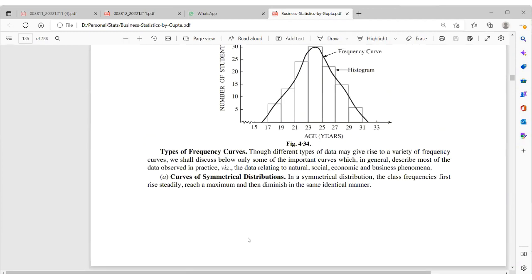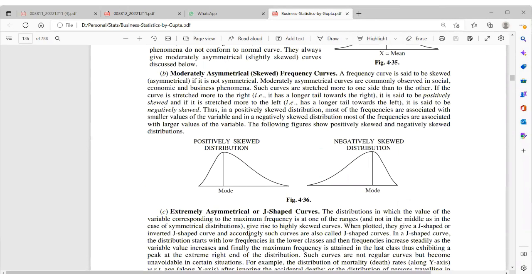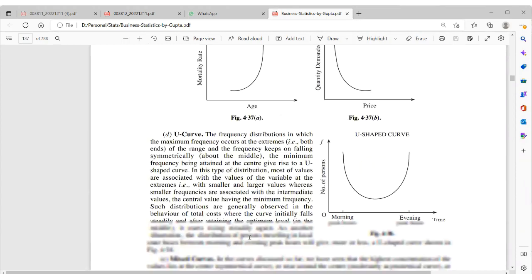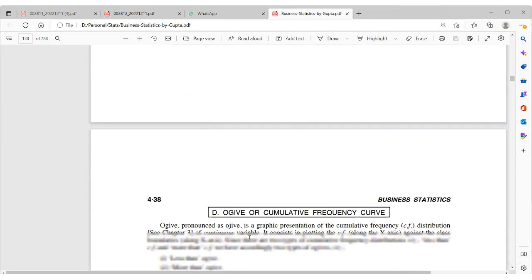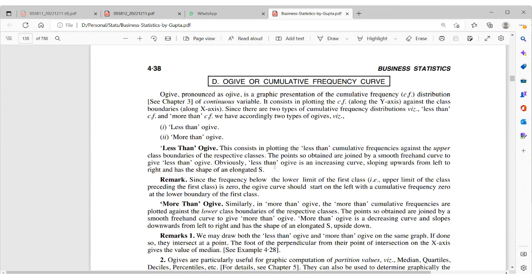Now, the last one is for the more than and less than cumulative frequency curve, that is called an ogive curve, right? So we have done the two types of frequency distribution, less than and more than.